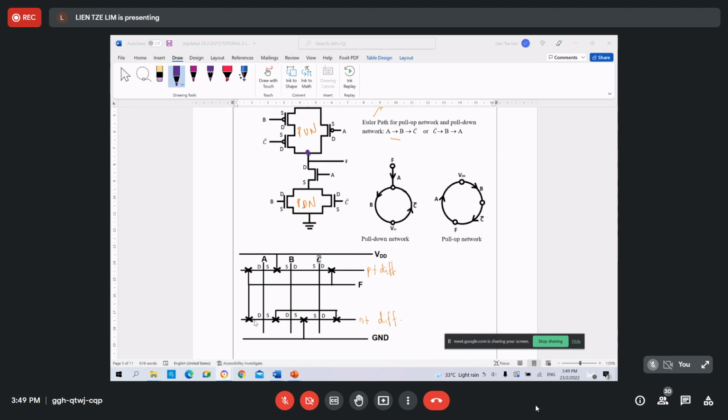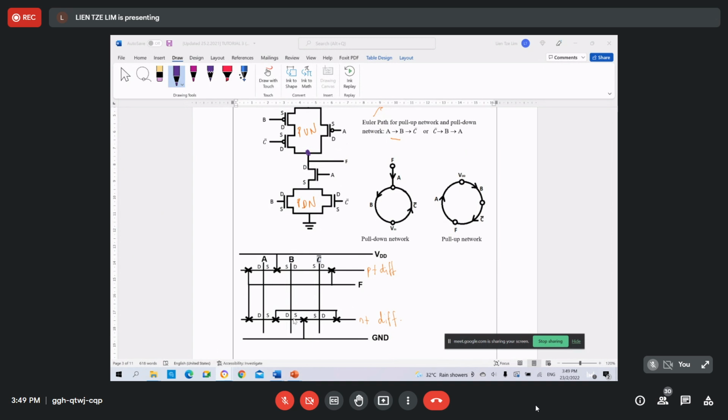And then for the drain, this is the drain terminal of the transistor with input A. It must be connected to the output F. So this is the point indicated here. The connections here are not difficult.